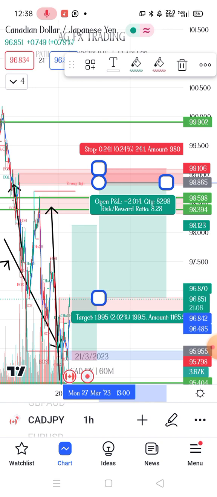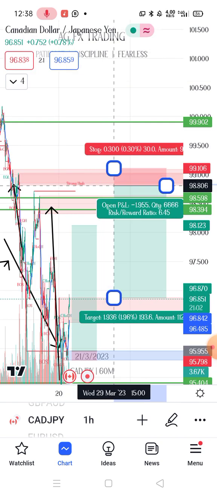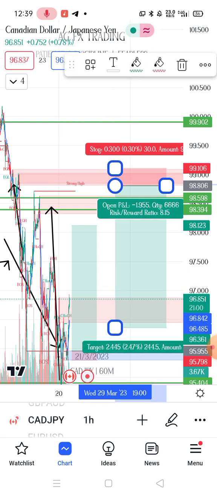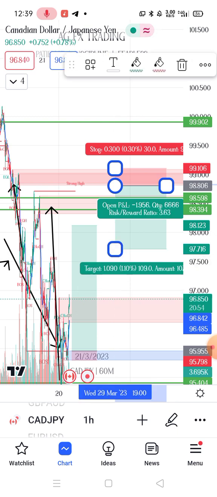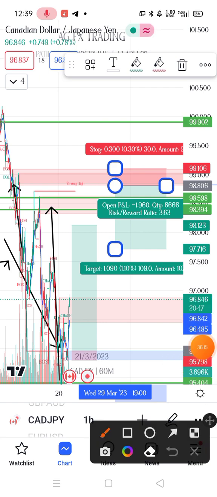Now I could increase my target in a trade. You shouldn't target less than 1 to 3, just to cover your losses anytime things go against you.